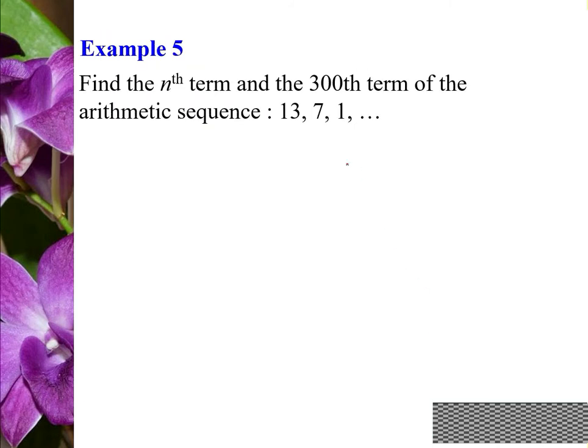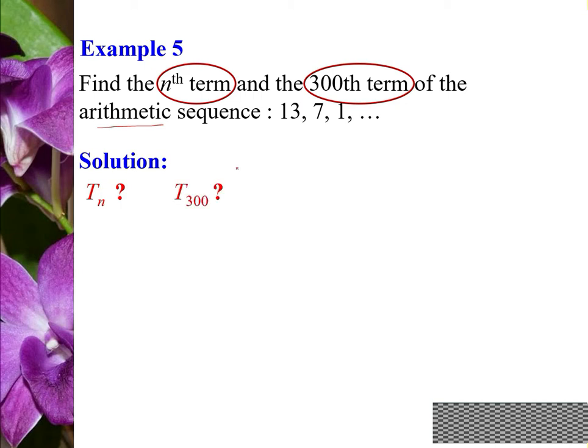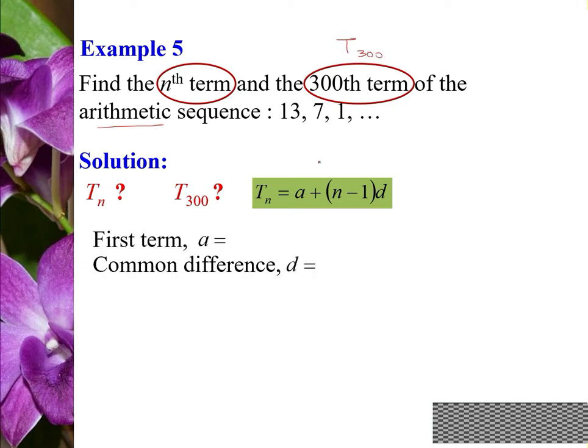Okay, example 5. Find the nth term and the 300th term of the arithmetic sequence. The question mentioned that this is an arithmetic sequence, so we know what formula we can use. We want to find the nth term, so start with the formula of Tn. The 300th term here means we want to find T300. So what is the first term of the sequence?